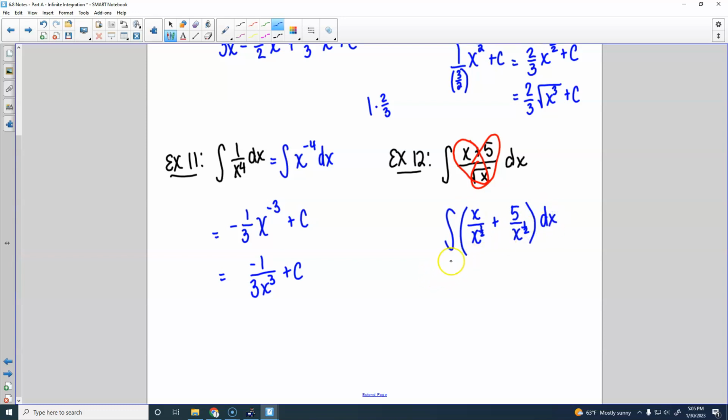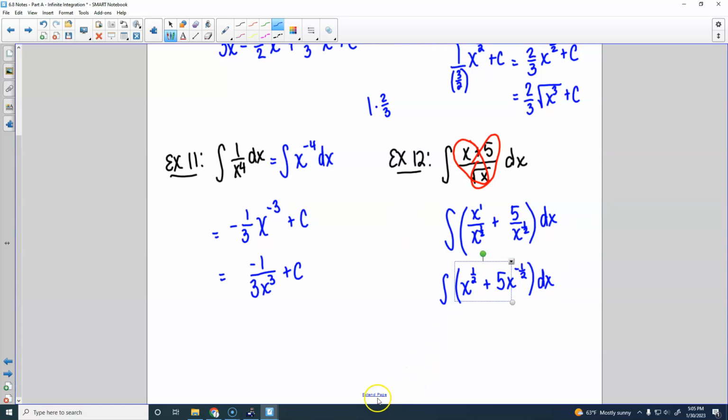And then if I just convert these so that they are a single exponent, I'll have x to the 1 minus 1/2, which will just give me 1/2. And then I'm going to get 5x to the -1/2. So hold on to my dx there on the end.